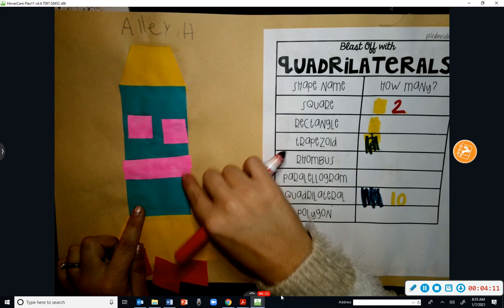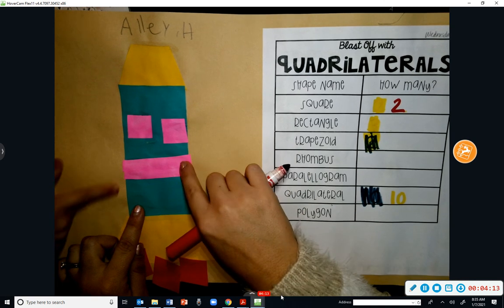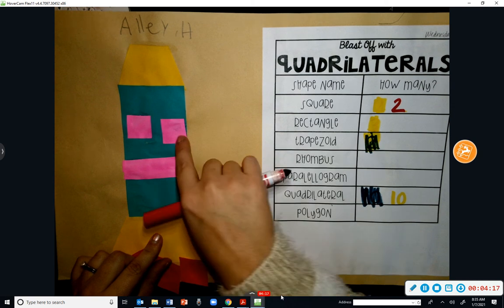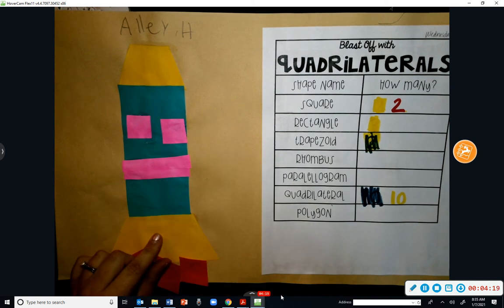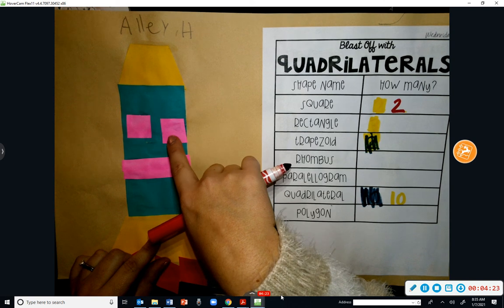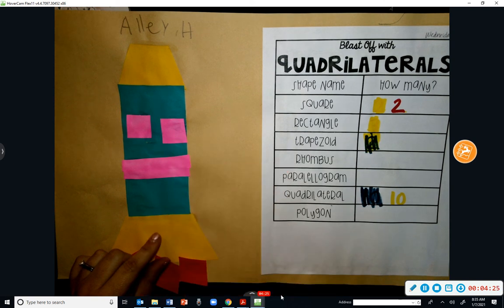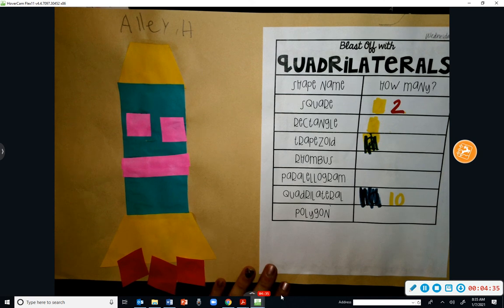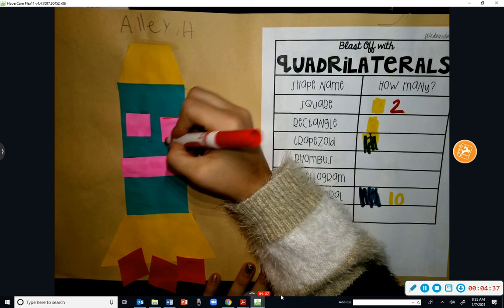What about these 2 pink ones, the 2 squares? Does it have 4 right angles? Yes. Does it have 2 pairs of opposite sides that are parallel? Yes. Does it have 2 pairs of sides that are equal lengths? 2 pairs means there's 1 pair, the top and the bottom.